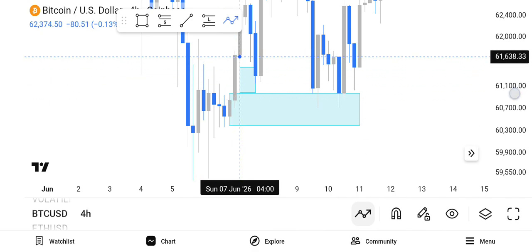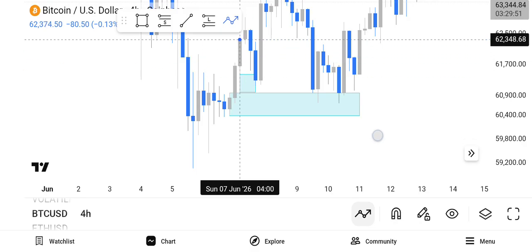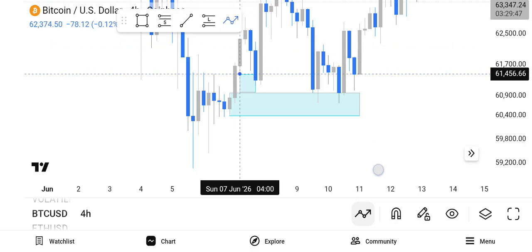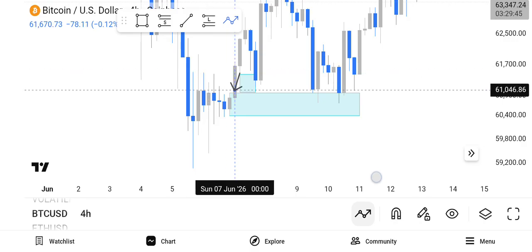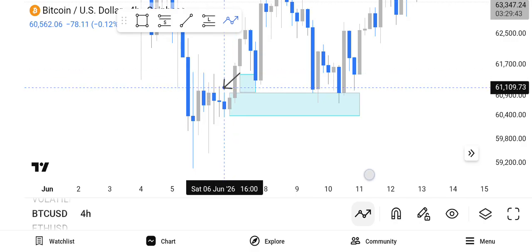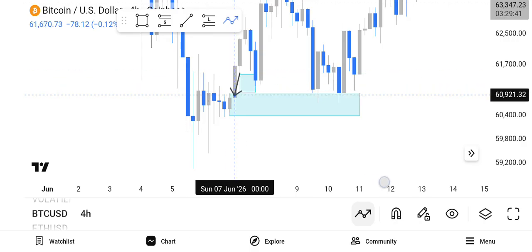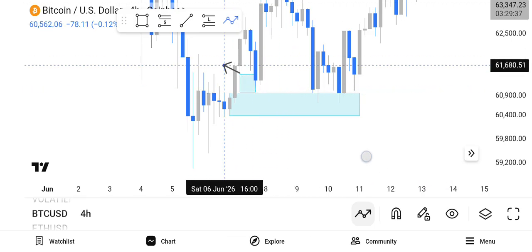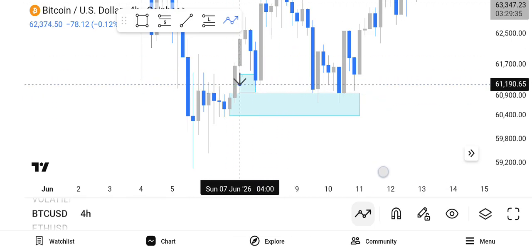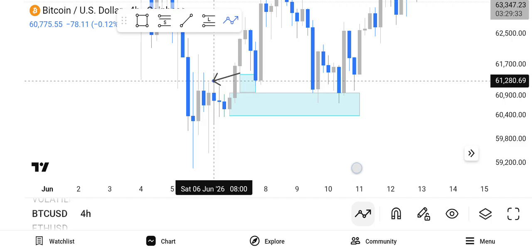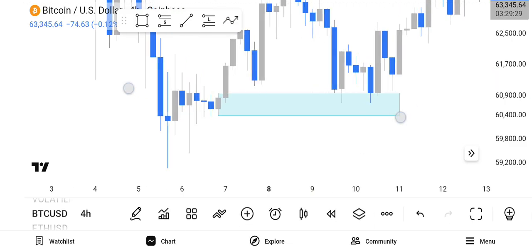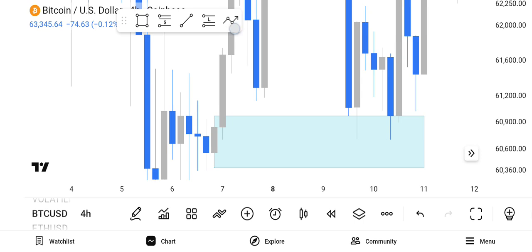And the third candle is this one right here. You can see the leg of this candle did not touch the wick of this indecision candle before the impulsive move. So right here we have our imbalance. Let me delete this so that you can see. This whole space here is our imbalance.